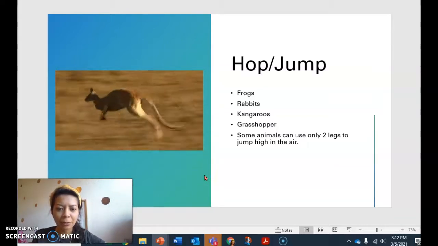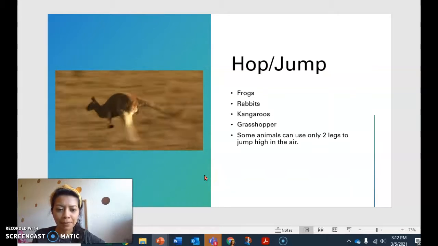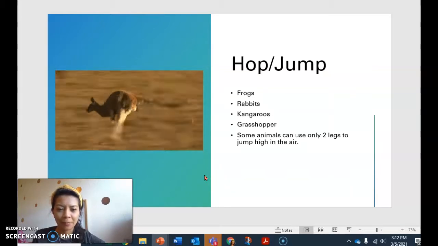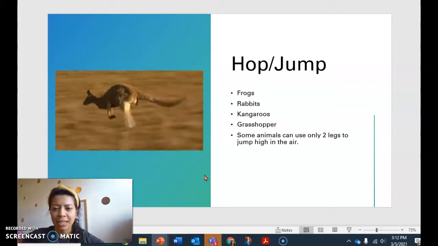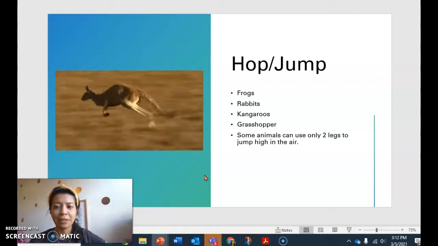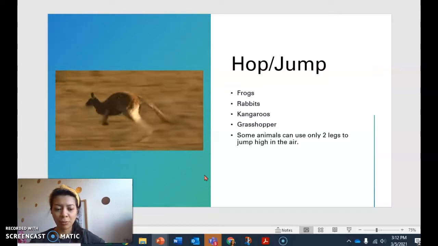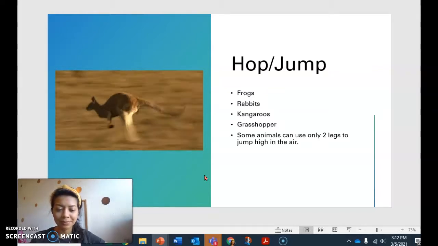And we see that the kangaroo is only using the back of his two legs to hop from one place to another. What is another animal that we haven't mentioned that is also able to hop or jump? Some spiders are also able to hop, and cougars are also able to jump to move from distance to distance.